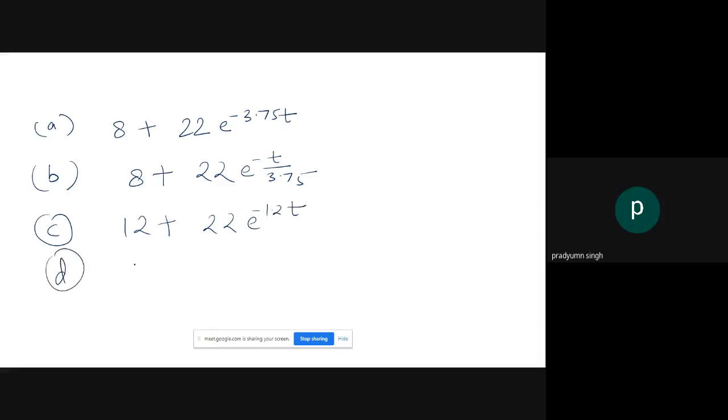D is 8 plus 22 e to the power minus t by 1.2. So these are the four options. Now you tell which of the options is correct. Sir, A. A is correct.